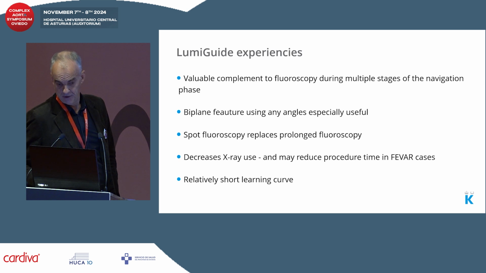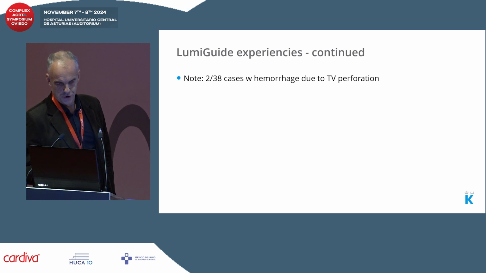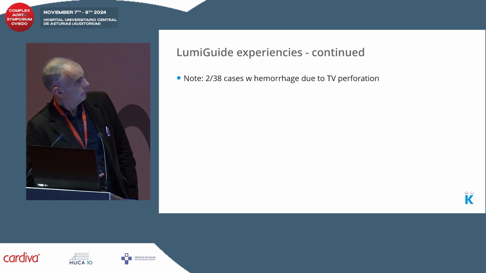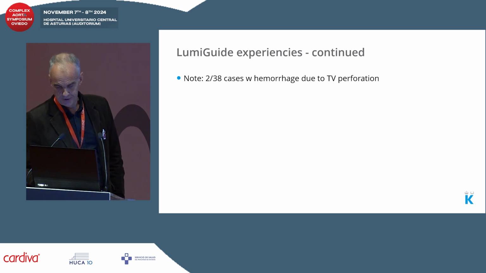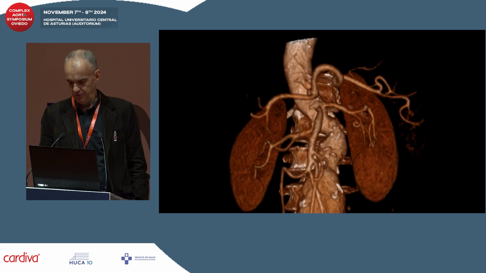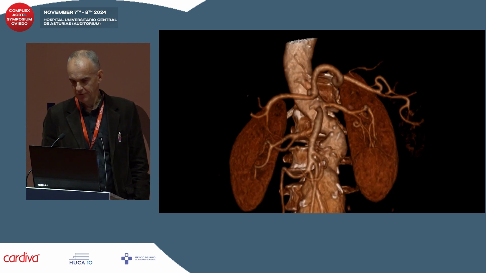And we found it relatively easy just to start using. A word of caution on two cases with hemorrhage we have had during these first 40 patients. We don't know for sure the link to the LumiGuide wire because the bleedings were not immediately obvious.